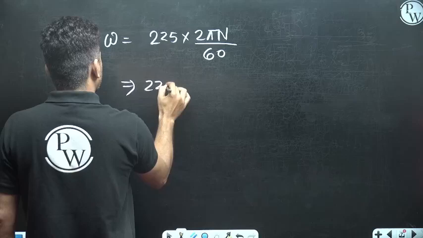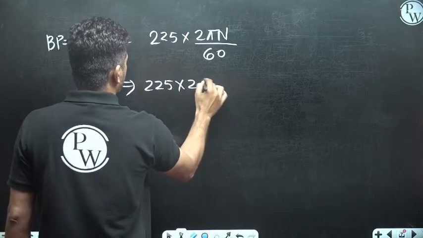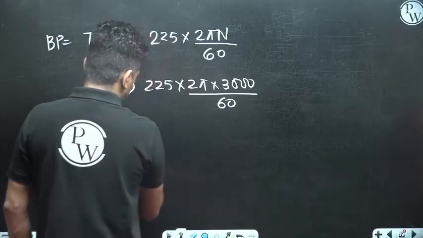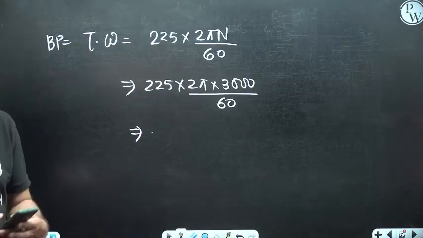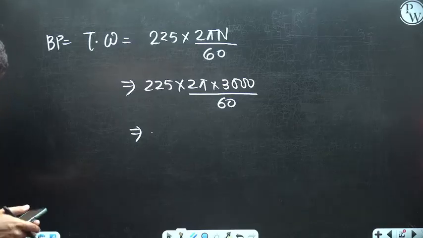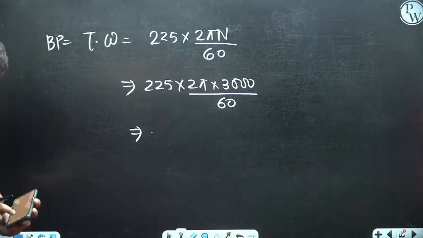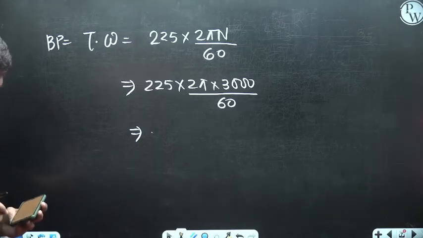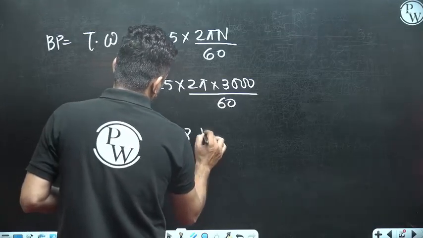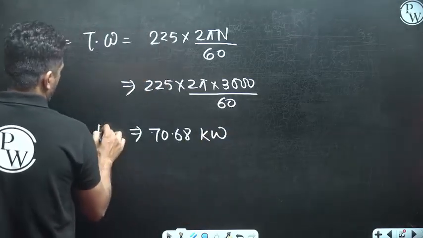This can be written as 225 multiplied by 2 pi multiplied by 3000 divided by 60, so 225 multiplied by 2 multiplied by pi multiplied by 50. That gives 70.685 kilowatt.